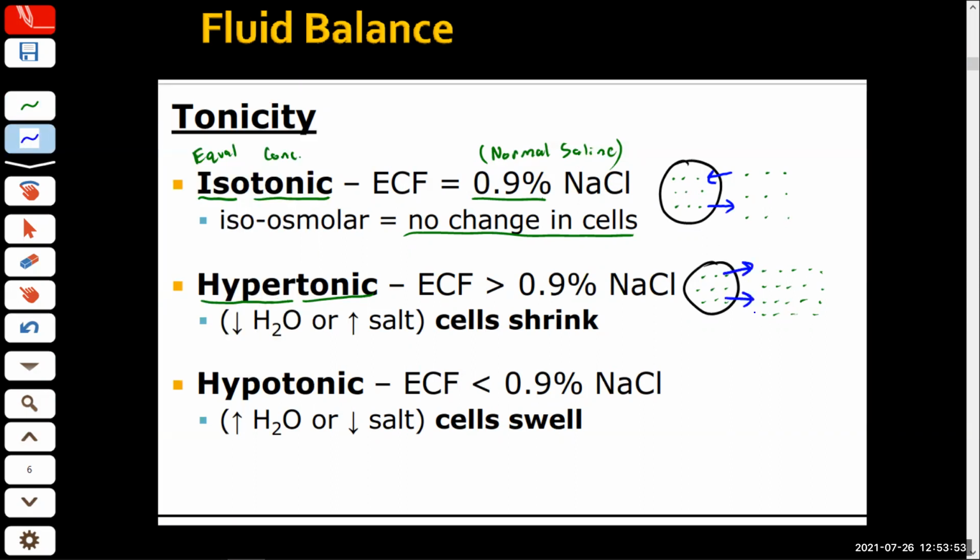So all the water is going to leave my cell, and that's going to cause my cell to shrink. We call that intracellular dehydration.